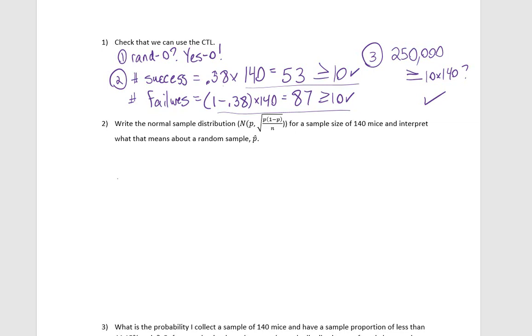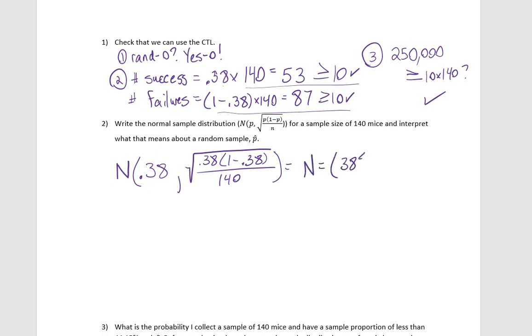So, what this means is that I can expect a random sample of mice to contain about 38% male mice, give or take the standard error, which would be 38%, and then if I calculate the standard error, that's going to give me 4.1%.